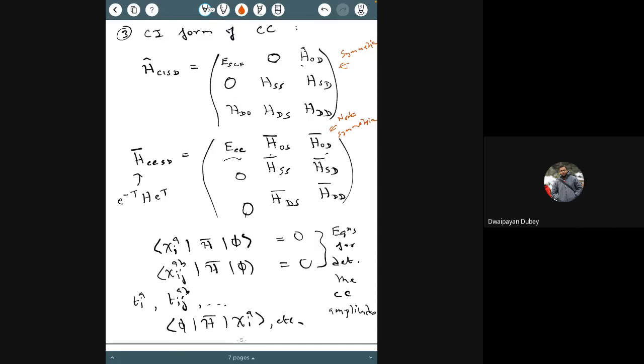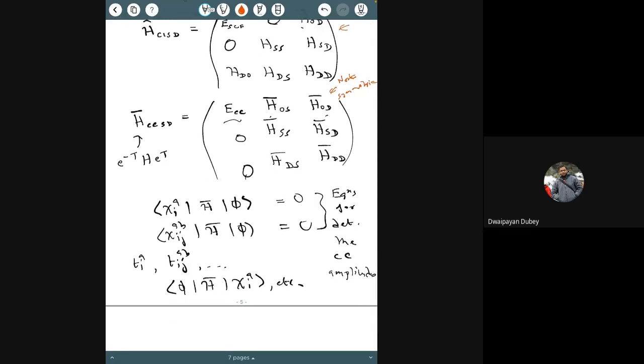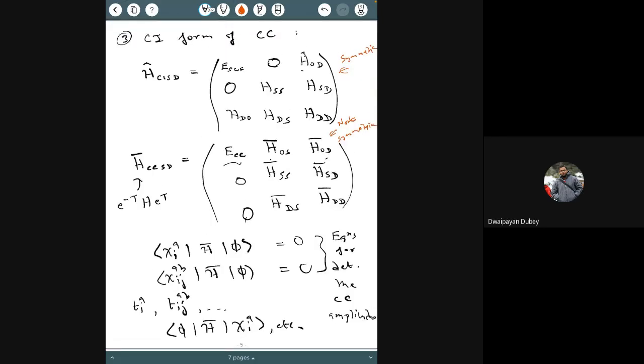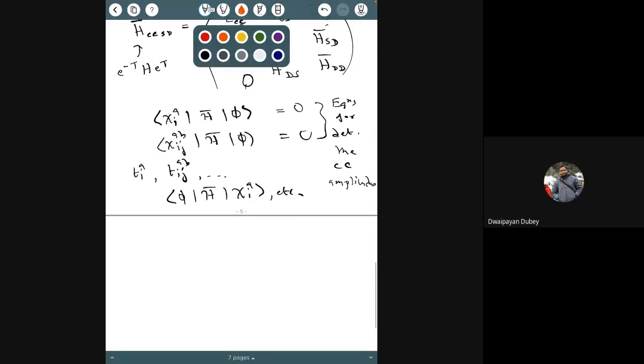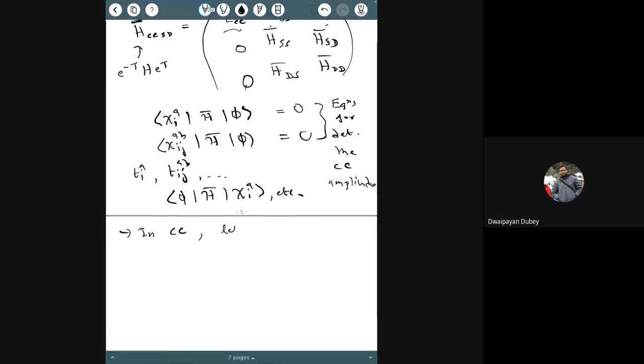Which means that if you diagonalize H bar to get right hand eigenvectors, I guess you are aware that you can diagonalize a matrix to get right eigenvectors as well as left eigenvectors. If it is a symmetric matrix, then the left and right eigenvectors are the same. However, if a matrix is not symmetric, then the left and right eigenvectors are different. And from this you can see that in coupled cluster, left.